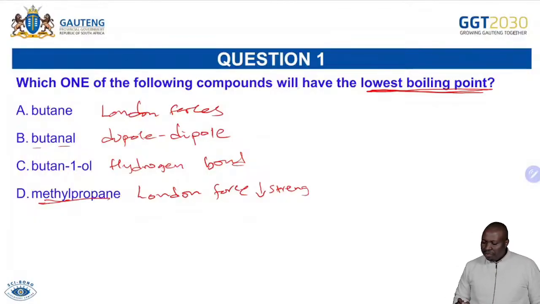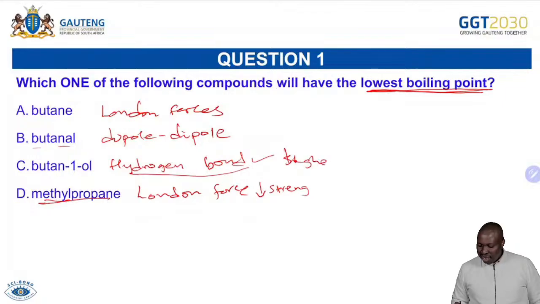So which one of the following compounds will have the lowest boiling point? Butanol will be the highest, because it has all three: London forces, dipole, and hydrogen bond. And hydrogen bond is the strongest of all of them. So butanol is not the lowest, it's the highest.